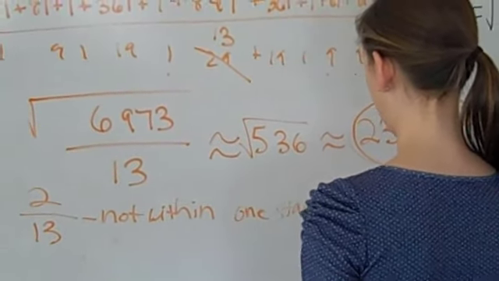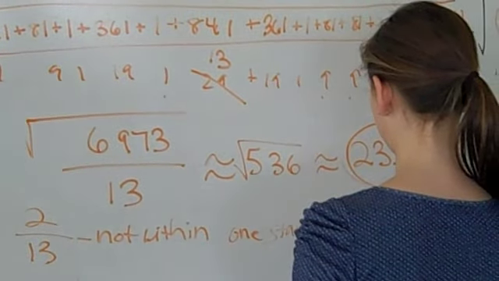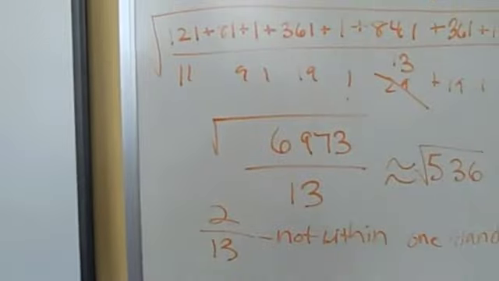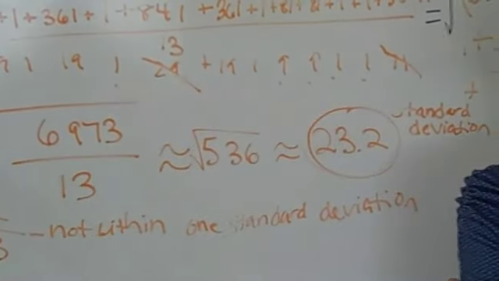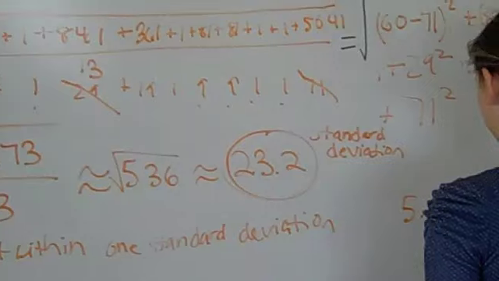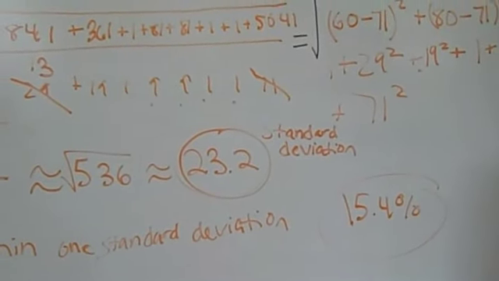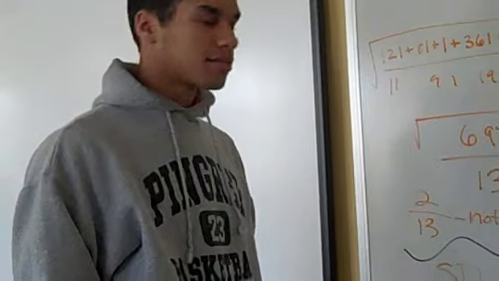So out of that we can find the percent that aren't within the standard deviation. So we do 2 divided by 13. Use your calculator. 2 divided by 13 is about 0.154. So about 15.4%. And there we go. And that's standard deviation.